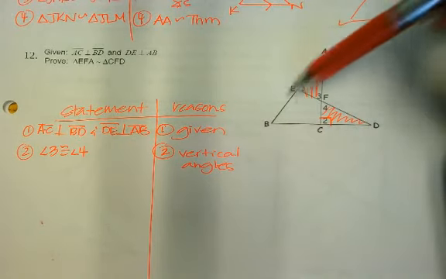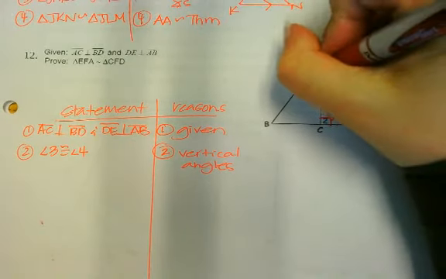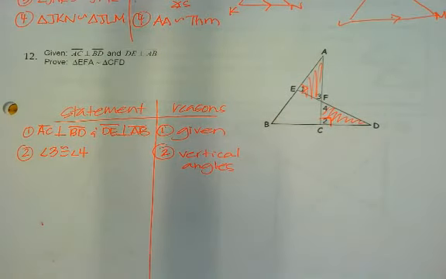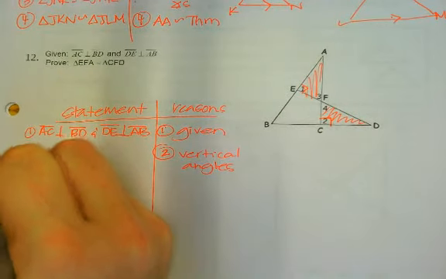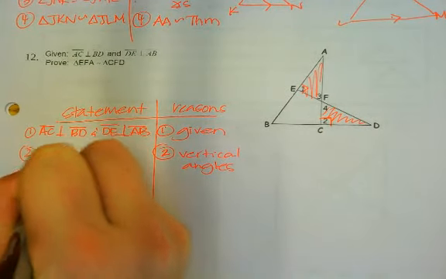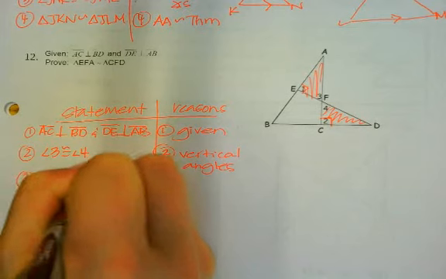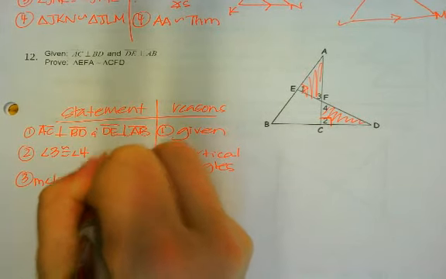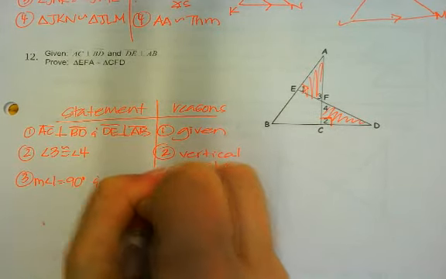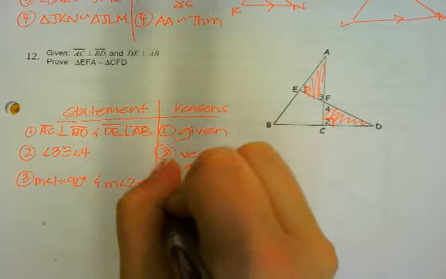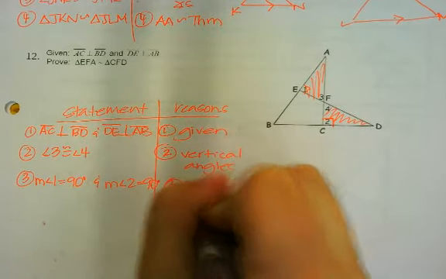Perpendicular. Okay, so now what do we know? Wait. Before we say they're congruent, we have to write what we just put down, which is what? Oh, the 90 degrees. So angle 1 is equal to 90 degrees, and angle 2 is equal to 90 degrees. Why? Perpendicular. Definition of perpendicular.